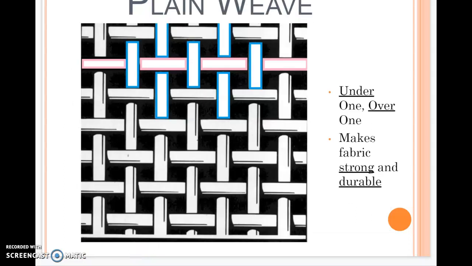So a plain weave is going to be your typical over 1, under 1. I don't know if you've ever made the pot holders that come on a loom. This would be that type of pattern. I don't know if you've ever woven paper in elementary school. The same thing. A plain weave makes fabric strong and durable. Things like denim are oftentimes in a plain weave.